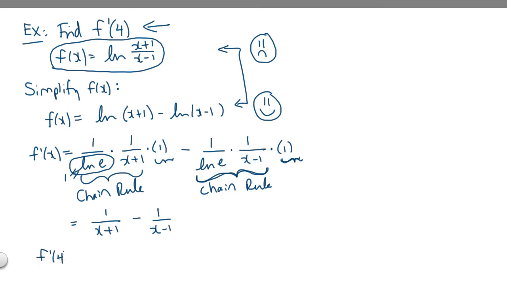So f prime of 4 is going to be 1 over 5 minus 1 over 3. Okay, and let's just multiply the first term there by 3 over 3. So we got 3 over 15 minus, and if we take our second term here, let's multiply it by 5 over 5. We've got minus 5 over 15, so that gives us -2/15 as our final answer.